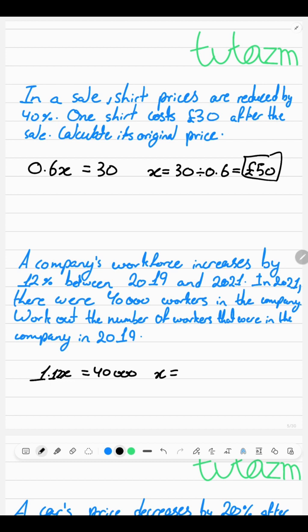So X is equal to 40,000 divided by 1.12, which if we put that into the calculator gives us a number of approximately 35,714, which we will leave as our final answer because we're going to have to round it to a whole value and an integer because we are talking about humans here.